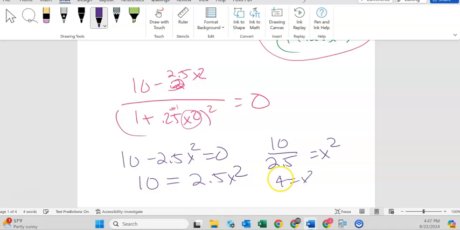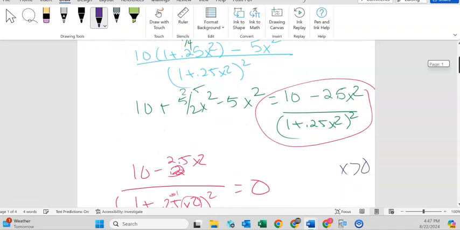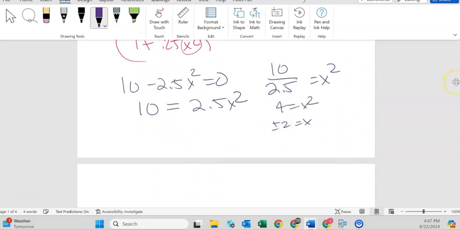So this is x squared equals 4, so plus or minus 2 equals x. Let's see here. If I put in a plus 2, so let's try both. And actually, what I didn't write in here, this said for positive, so we're only going to use the one. But I forgot to write that little problem.